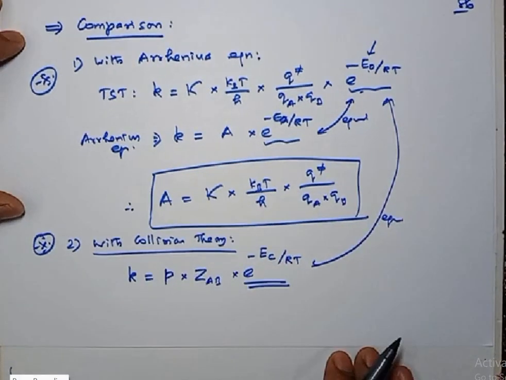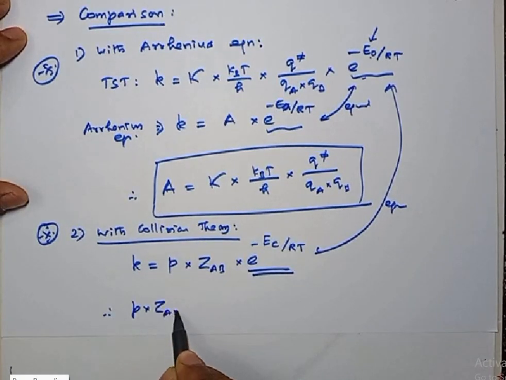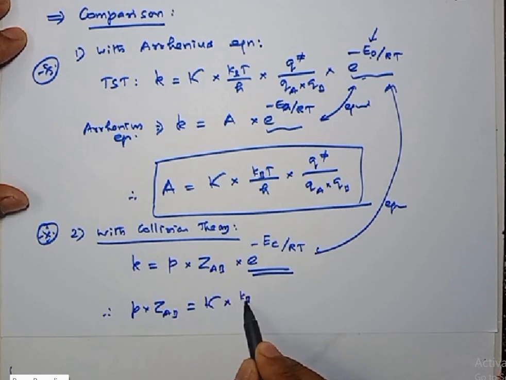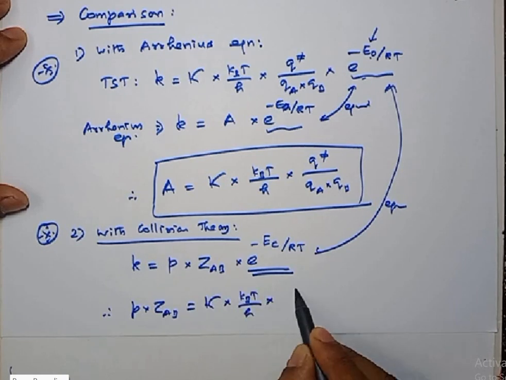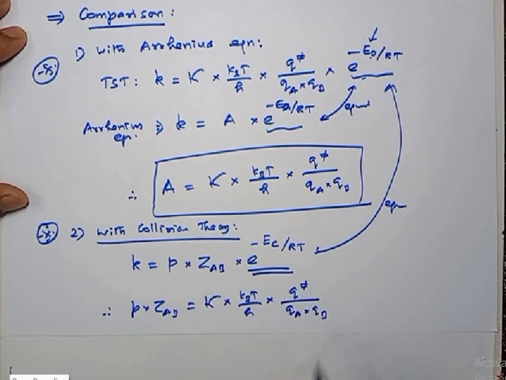If they are equal, therefore P into Z_AB should be equal to kappa into k_BT by h into Q double dagger by Q_A into Q_B.